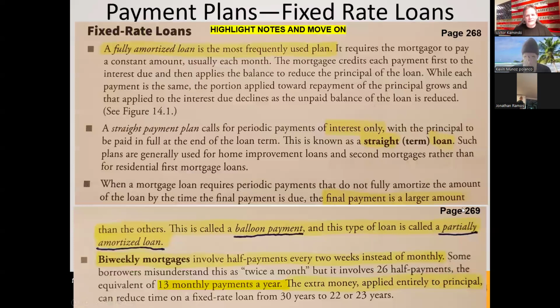So let's do some highlights there for fixed rate, straight loans, the balloon payment, and the biweekly mortgage stuff. Those are on pages 268 and 269. Now I did the math and it's coming up on a slide in the next slide or two.